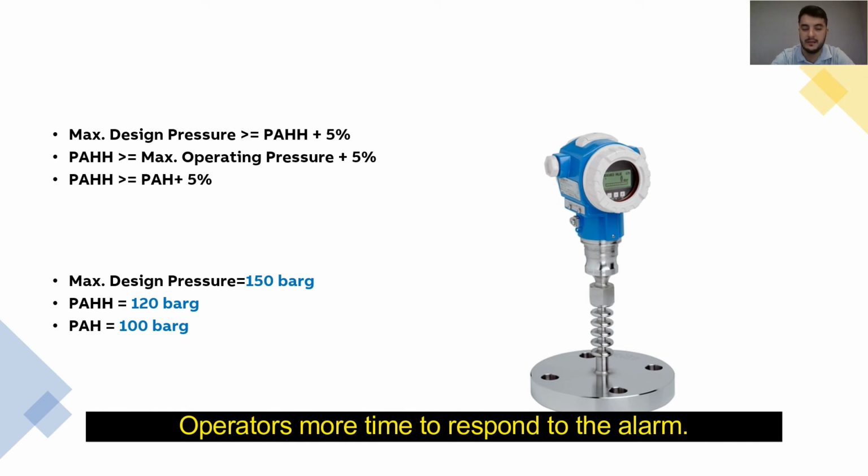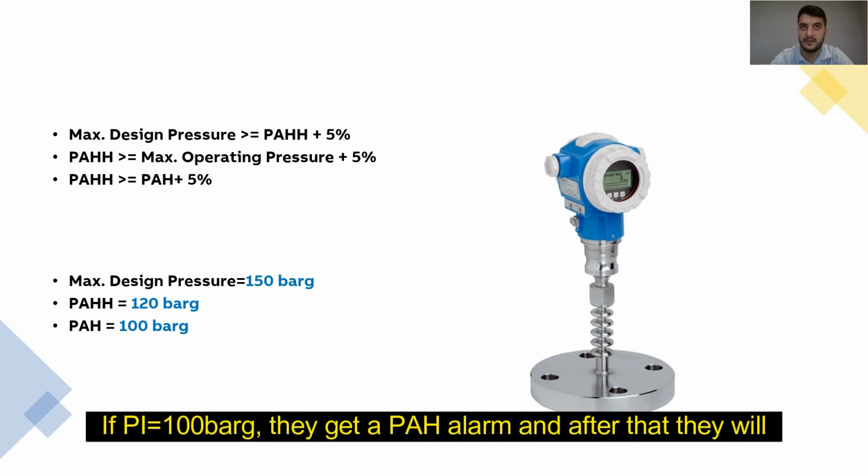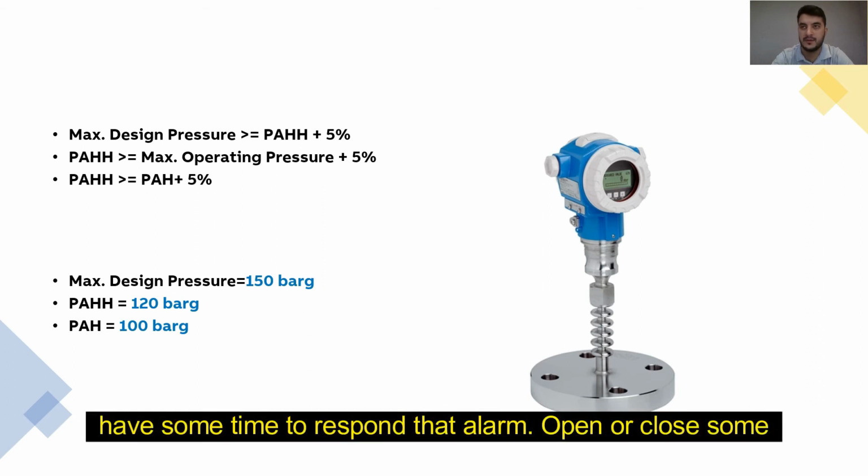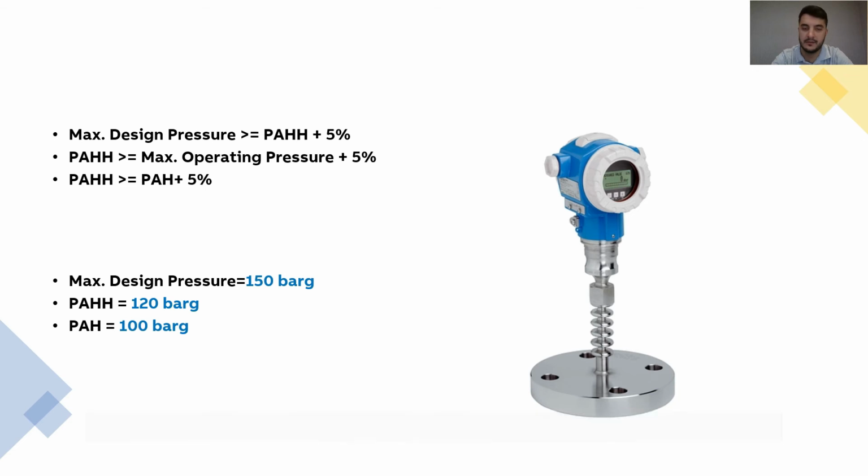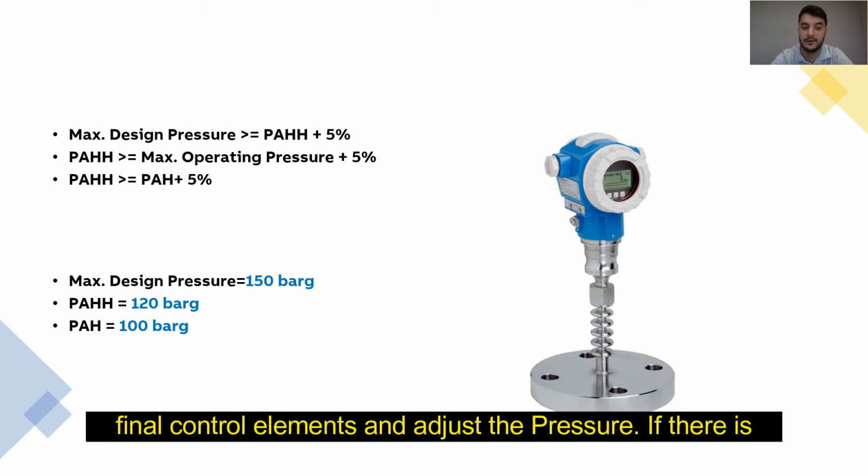If the pressure is 100 bar G, they get a PAH alarm, and after that they will have some time to respond to that alarm, to open or close some final control elements and adjust the pressure.